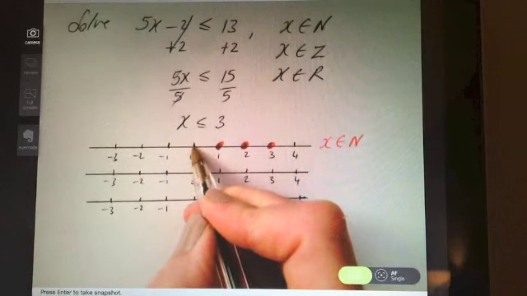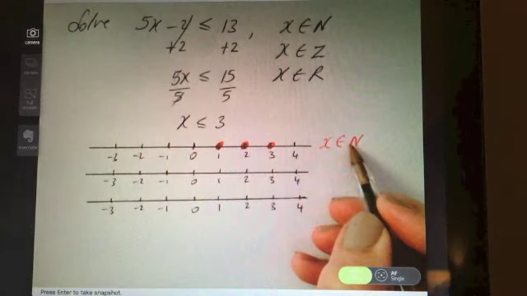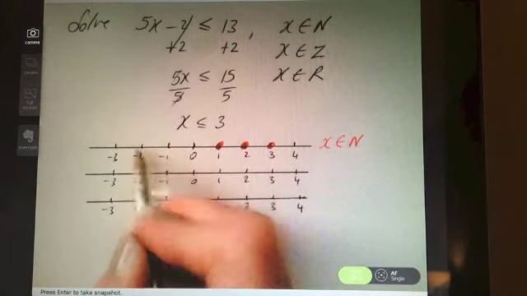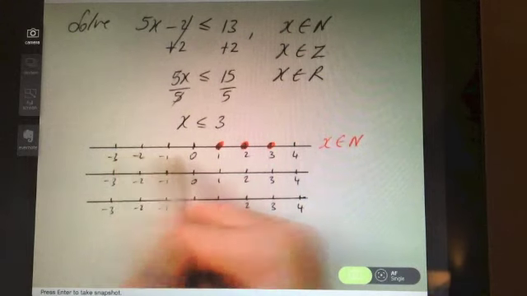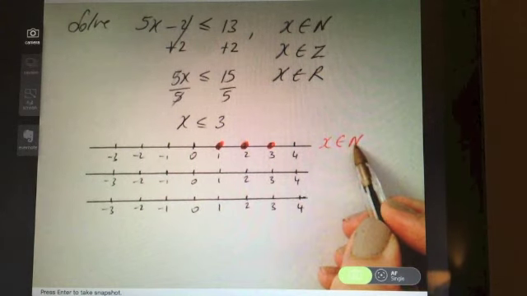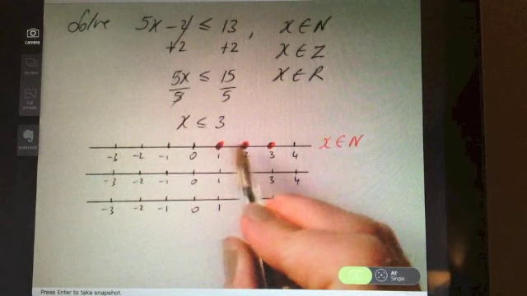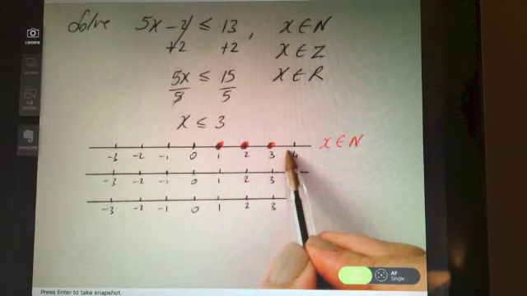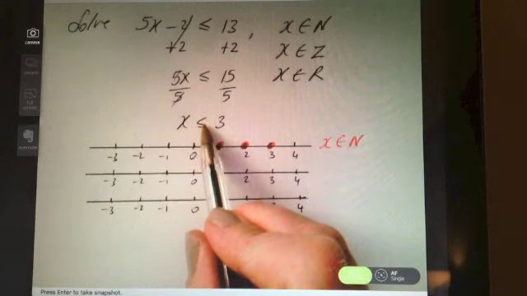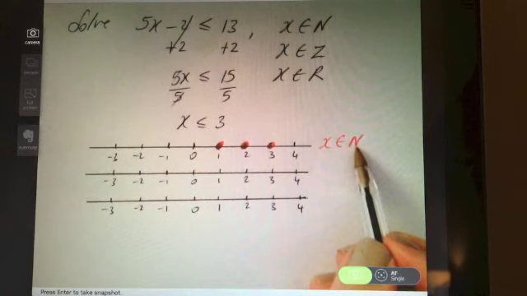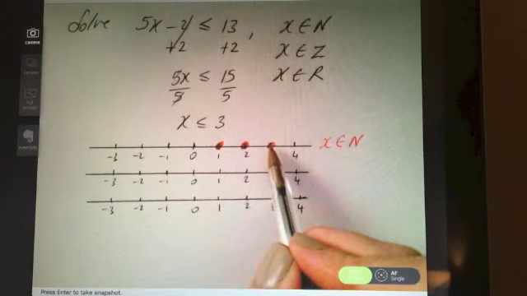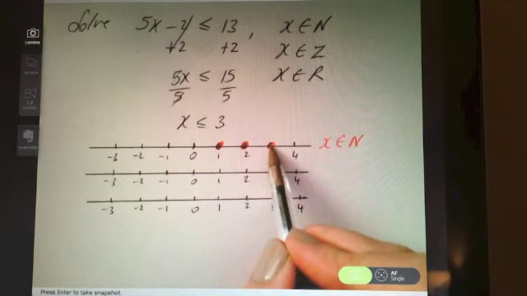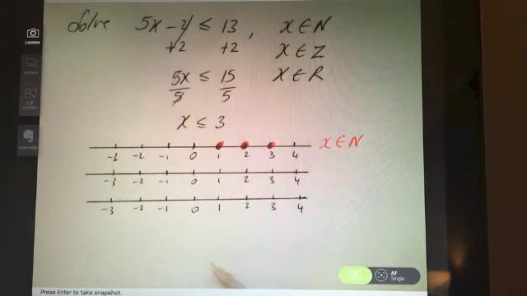But I can't include 0 because 0 is not part of the natural numbers, nor are -1, -2, or -3. The natural numbers are only positive whole numbers. So the only solution graphically for x is less than or equal to 3 and x is an element of N is 1, 2, 3, represented by dots on my number line.